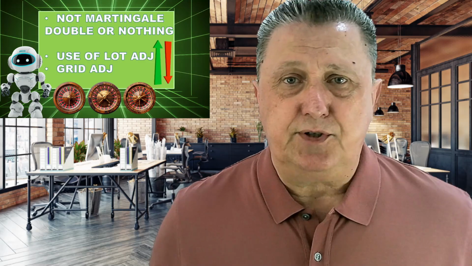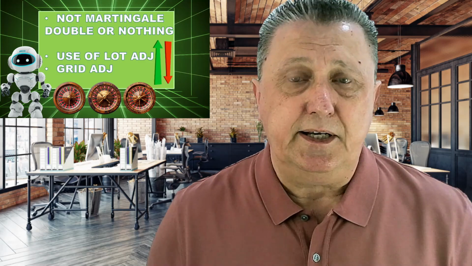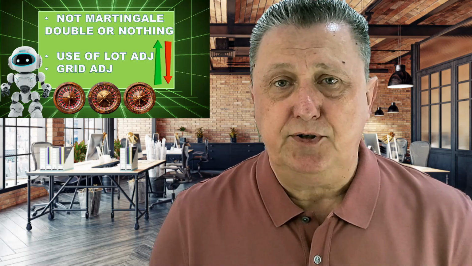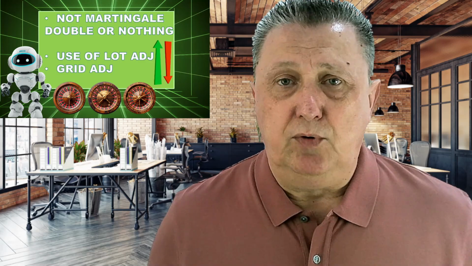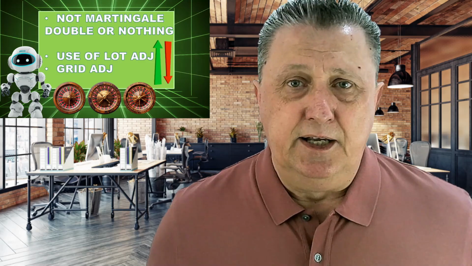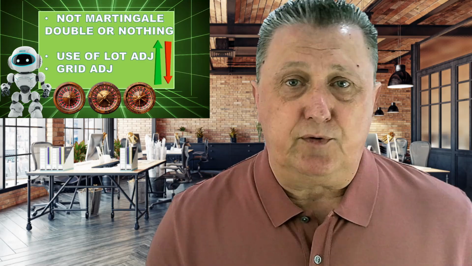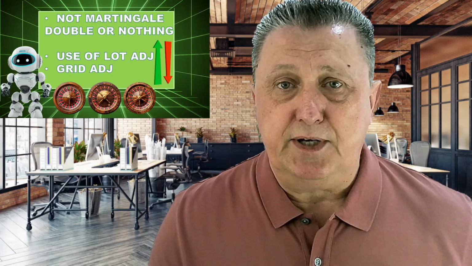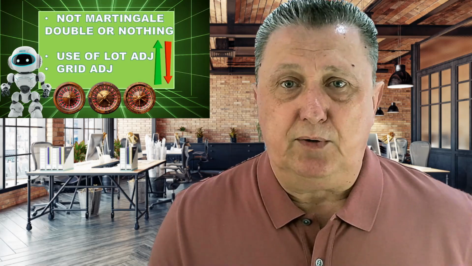So all these things are part of these EAs, which makes them a lot safer. And that's also why it is not a pure Martingale strategy anymore, because that will blow all your accounts instantly. But there are ways, of course, to get around these things, to have some safe trading. And that's what it's all about here today.